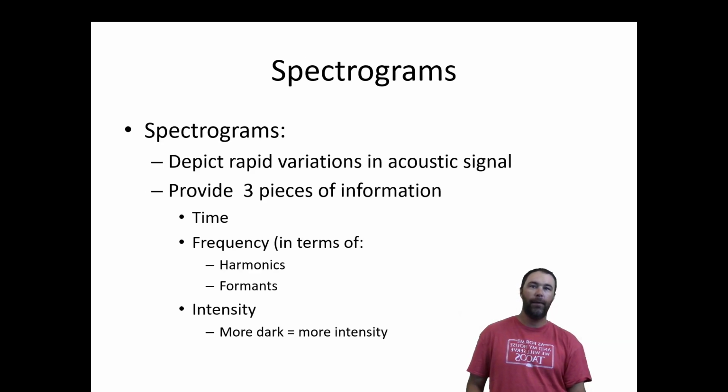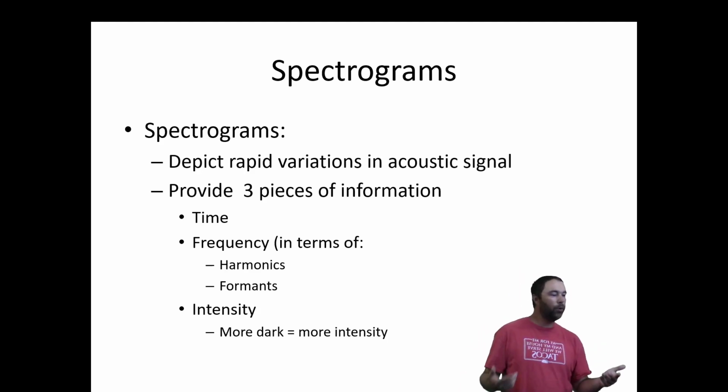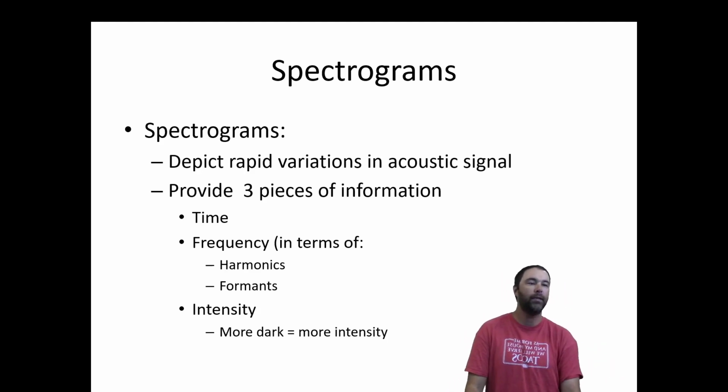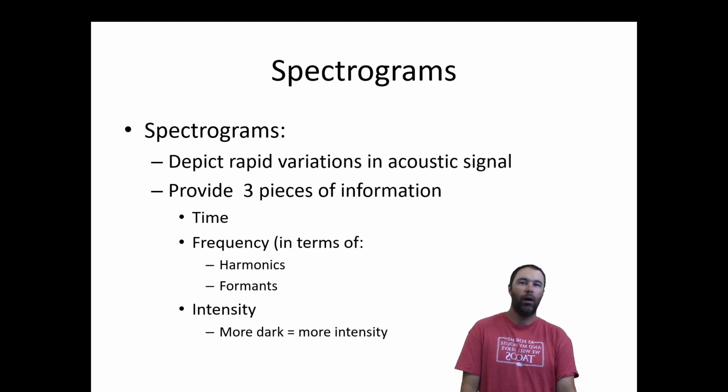All right, a spectrogram produces a visual depiction of rapid variations in the acoustic signal. And it gives you 3 pieces of information. We talked about time already, which is really important.